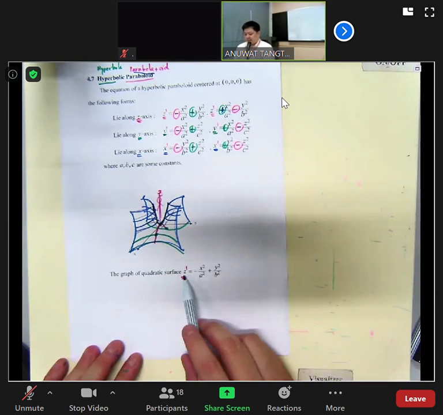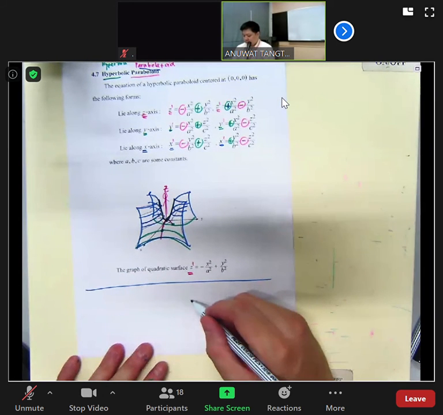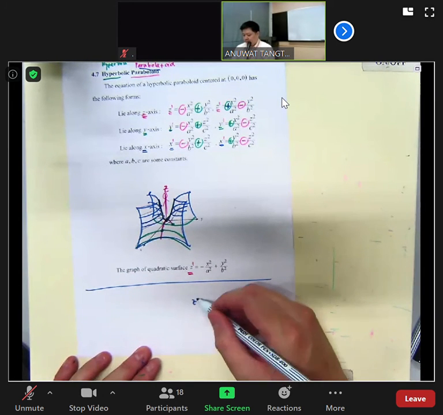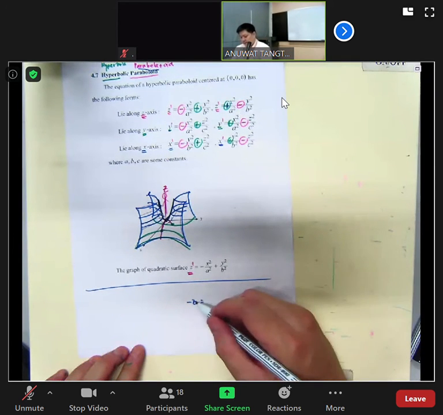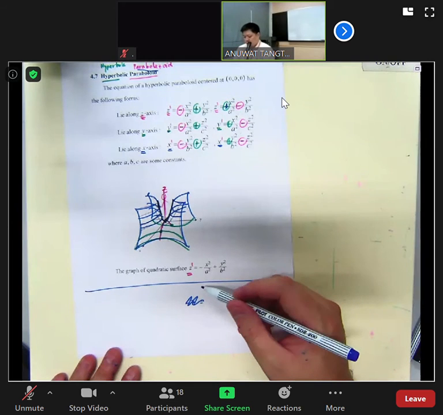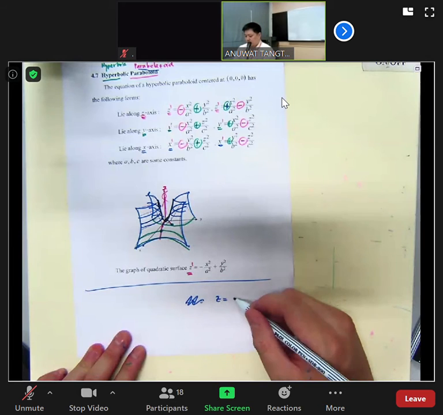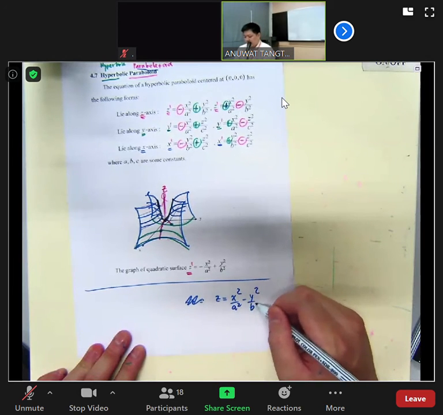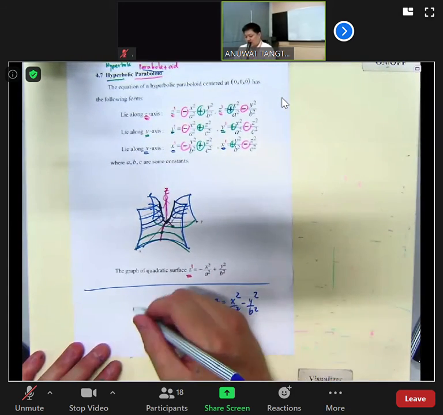And if we change this to be minus, if we multiply both sides by minus, then we can guess. So what about if we just put this one to be positive x and negative y? In that case, we can just flip this surface into another direction.